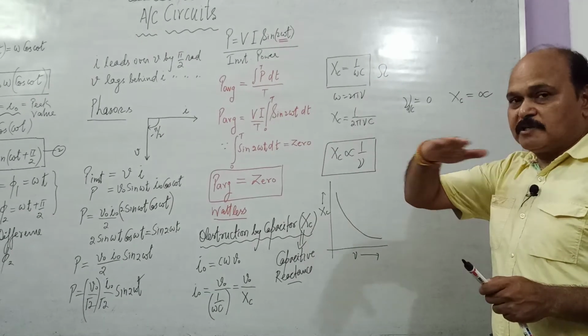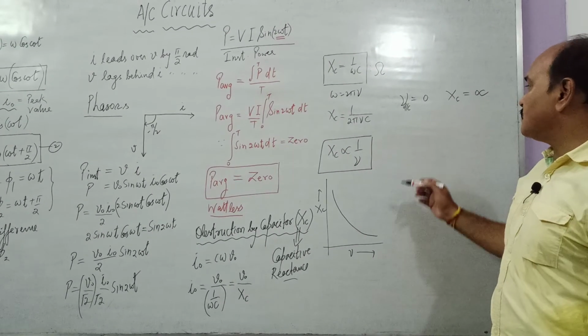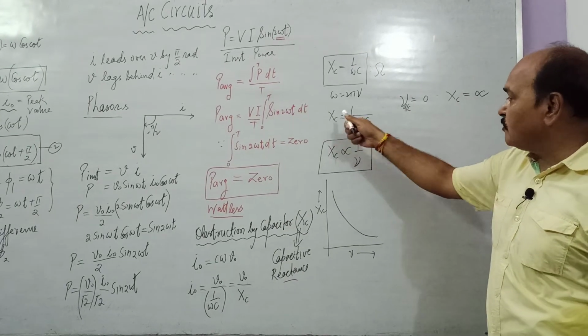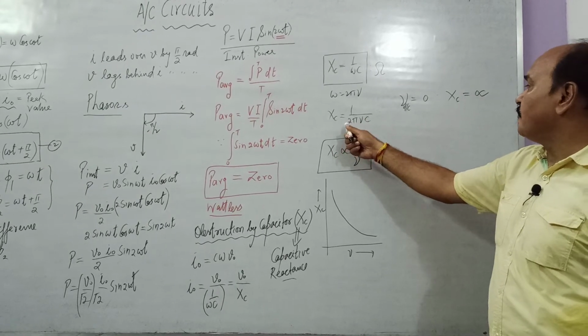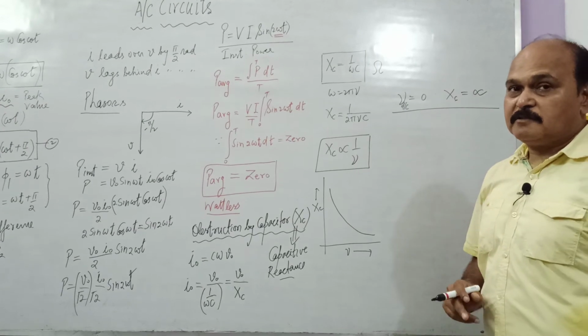DC current and DC voltage are steady, constant. So the frequency of DC source is zero. Therefore, obstruction offered by capacitor to DC current is something about zero, which is infinite. That means DC current cannot flow through capacitor.